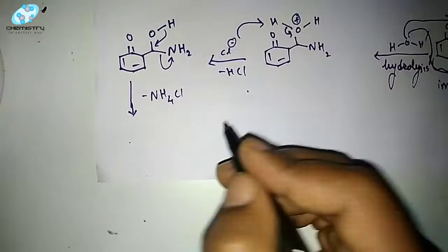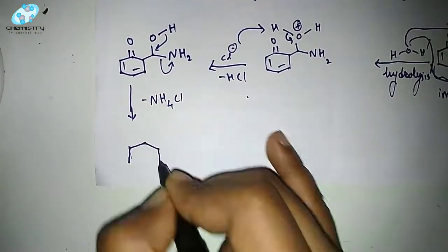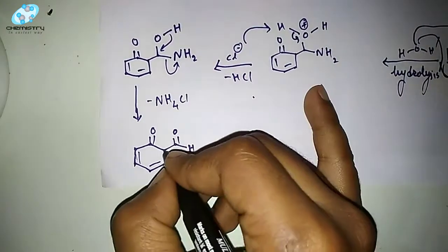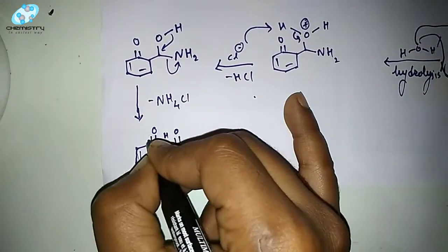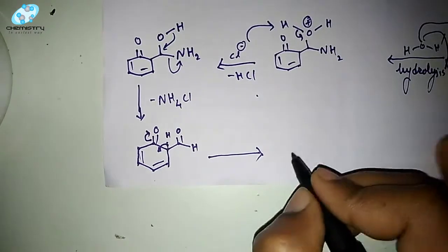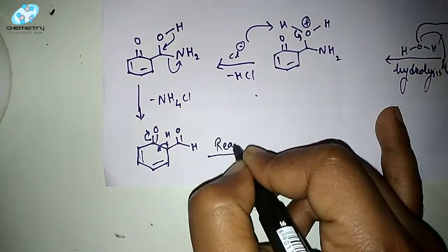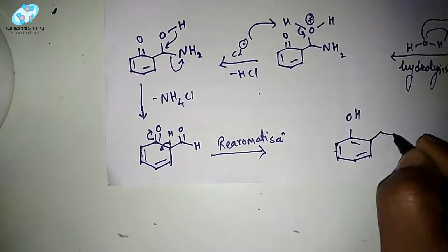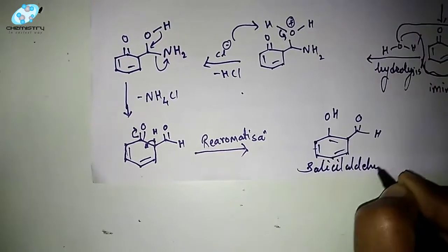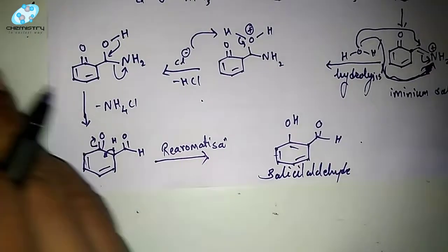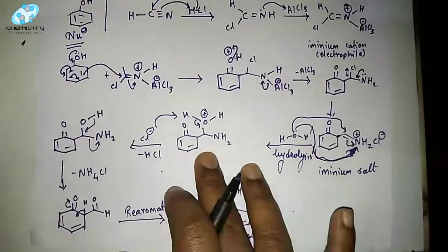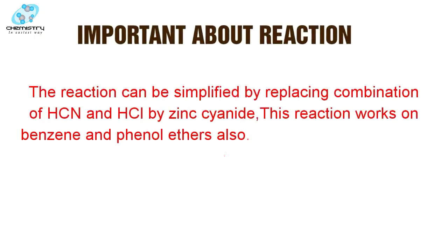HCl from the previous step and NH3 from this step is going to make a salt of ammonium chloride, and here the formylation occurred. Now the one most important step, that is the re-aromatization, is to happen, and we are with our final desired product, that is the salicylaldehyde. Okay, so this is the mechanism of Gattermann reaction to form salicylaldehyde from phenol.